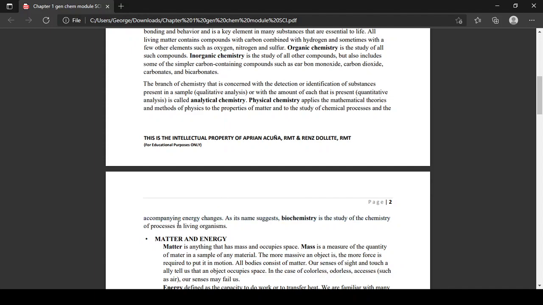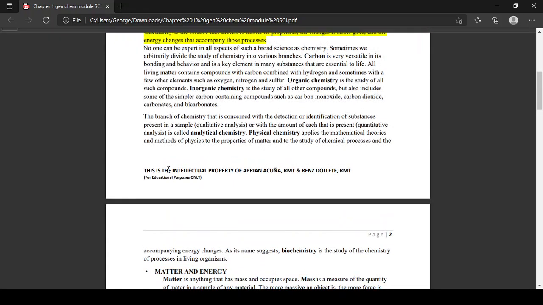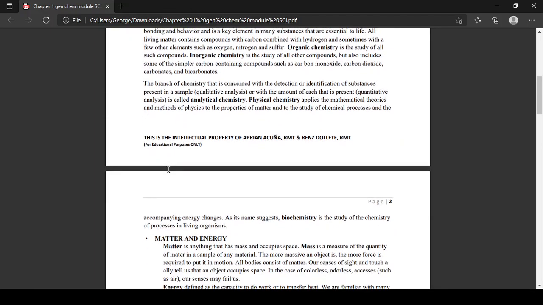Kids, review before we go to matter and energy. When we are studying the compounds of carbon, what chemistry is it? Organic chemistry, sir. When we are applying the mathematical theories of modern physics to the processes, what chemistry is it? Physical chemistry. When we are studying all other types of compounds not related to carbon? Inorganic chemistry.